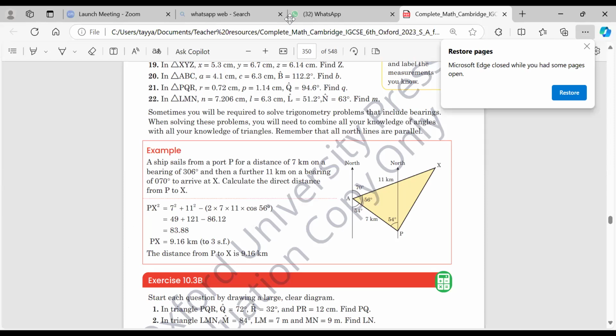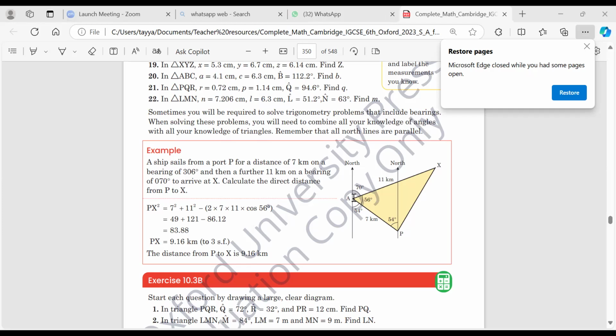Book. A ship sails from a port P a distance of 7 kilometer on the bearing 306, and then a further 11 kilometer on the bearing of 70 to arrive at X. Calculate the direction from P to X. P to X, this one.